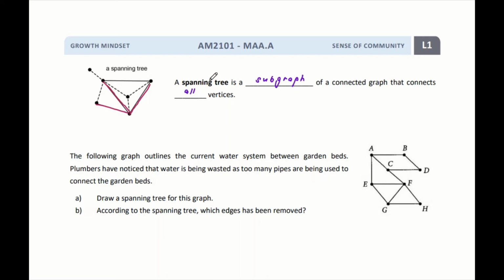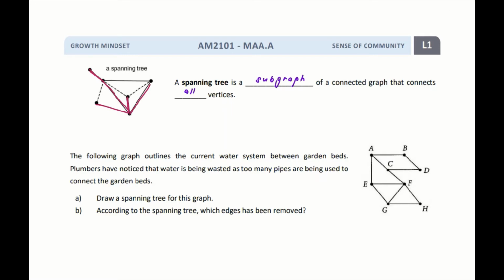When we talk about spanning tree, you will need to have one more condition, which is they must connect all vertices. So this is not a spanning tree yet because these vertices and these vertices are not involved. If I want to make this a spanning tree, then I will need to add on this one and then this one. So this is a spanning tree because you involve every one of the vertices and there is also no cycle.